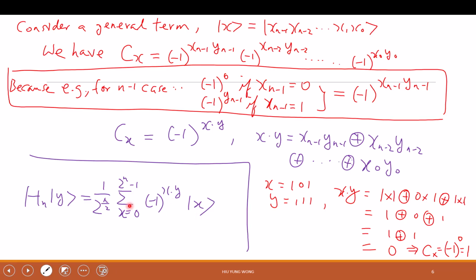This is a review also. Do you understand this formula, right? You don't have to memorize. What is the meaning? Anyone want to explain it mathematically or just qualitatively? What is the meaning of this formula? It means when I apply the Hadamard gate to a general basis y, what is the output?